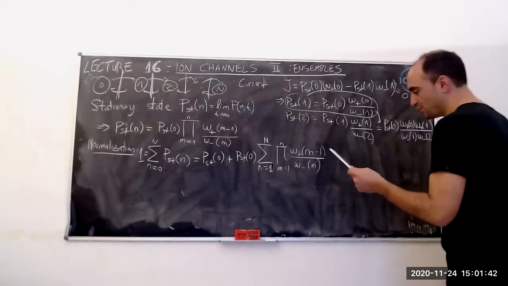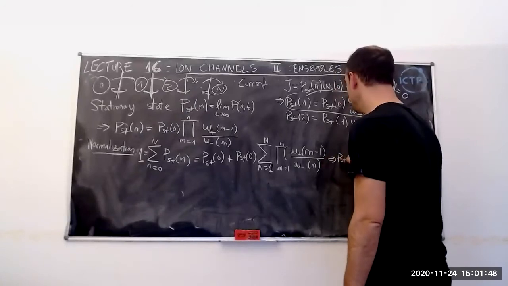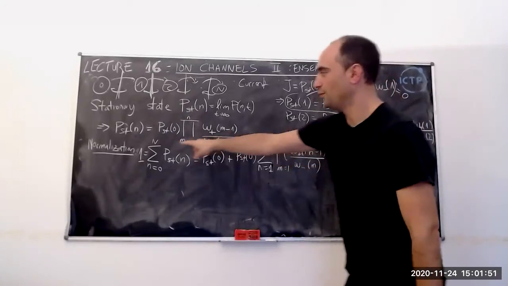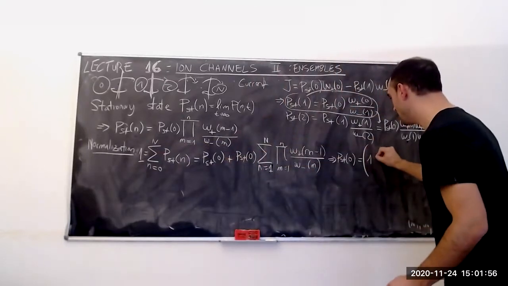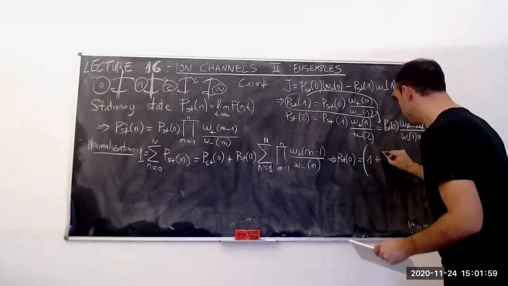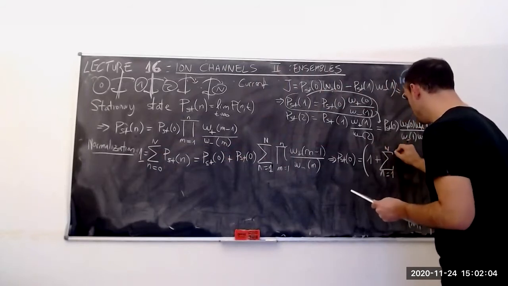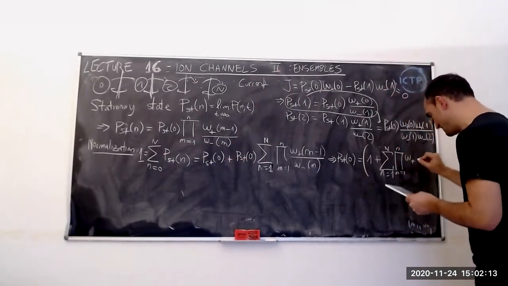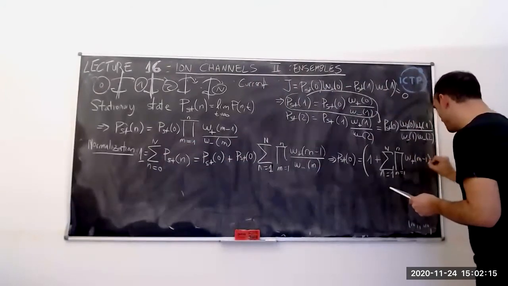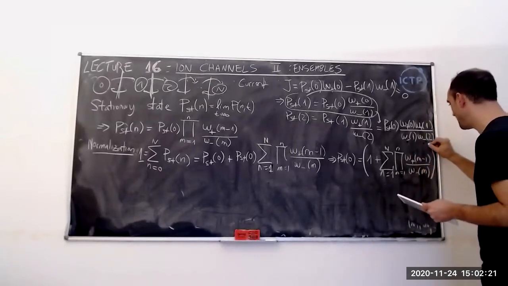The nice thing is one can solve P stationary 0 here because P stationary 0 is 1 divided by 1 plus the sum n equals 1 to big N of the product of m equals 1 to n of omega plus m minus 1 over omega minus m, all to the power minus 1.